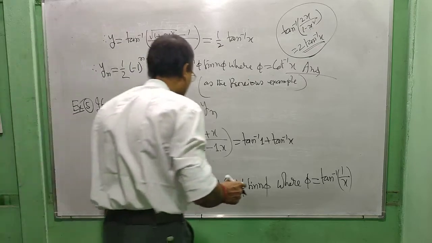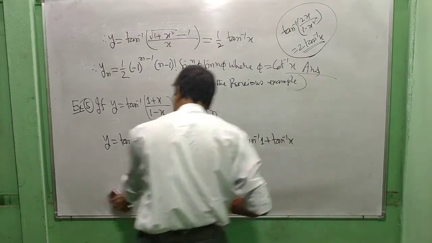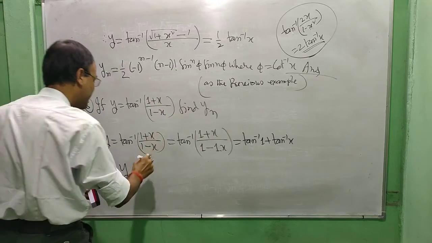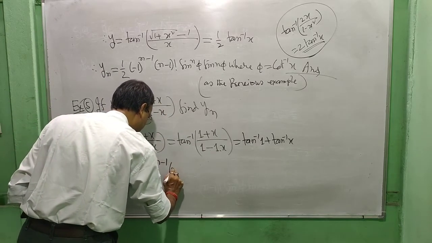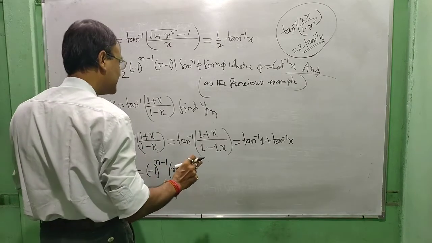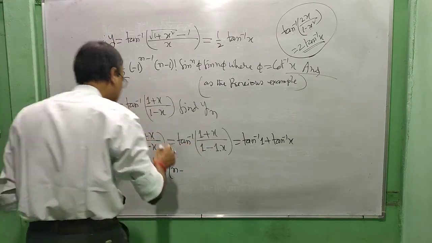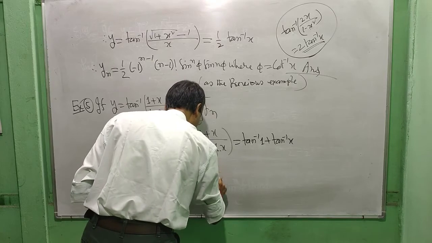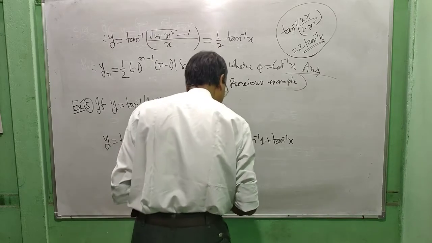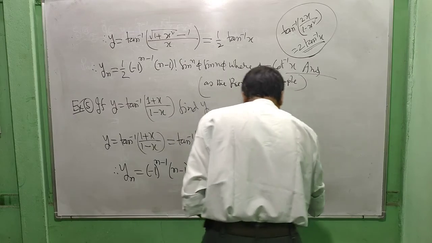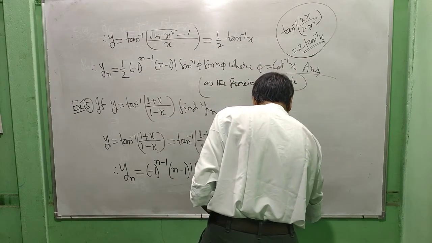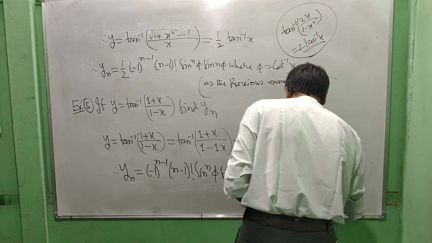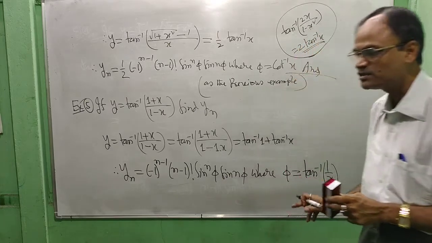Therefore, yn will definitely be equal to minus 1 whole to the power n minus 1, factorial n minus 1, sin to the power n phi, sin n phi, where phi equals tan inverse 1 by x.